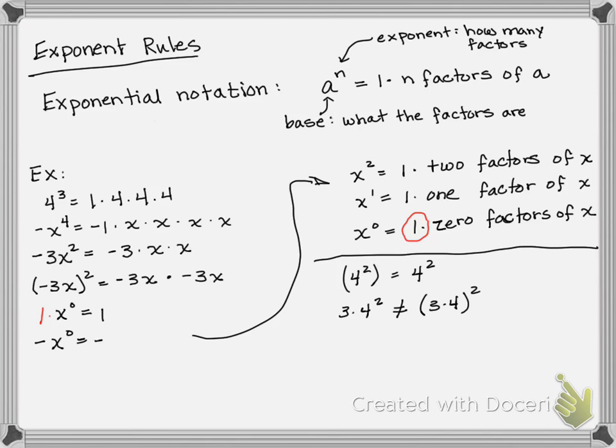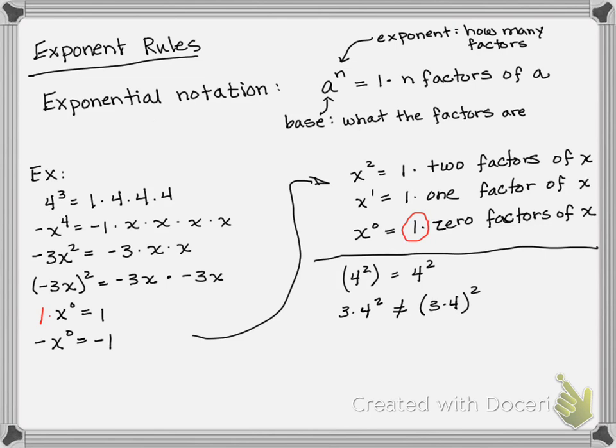Because it is the negative sign and then 1 times 0 factors of x. So when we say anything to the 0 power is 1, it's true, but we have to be careful about what our base actually is. Again, just like when we did that negative x to the 4th up here, our base is just x. So that's what's being raised to the 0 power. That negative sign isn't part of our base.